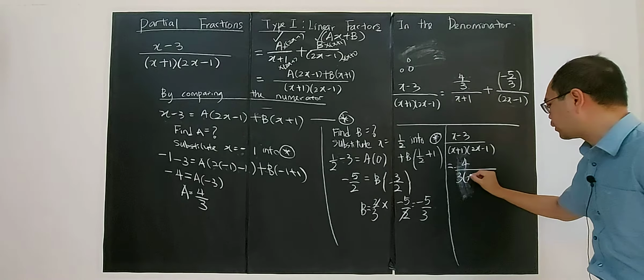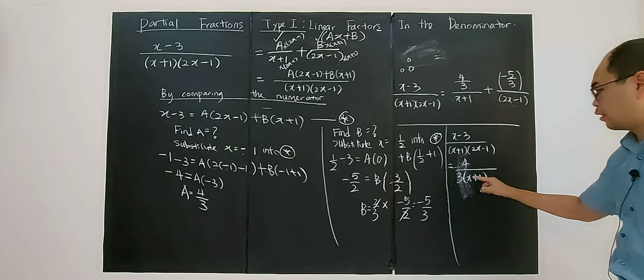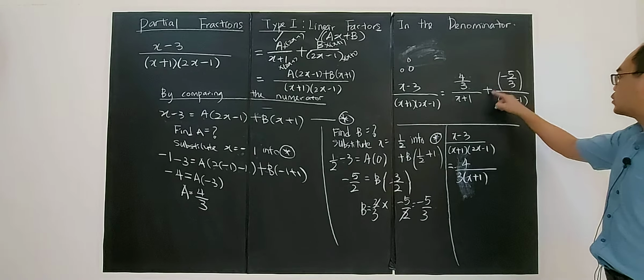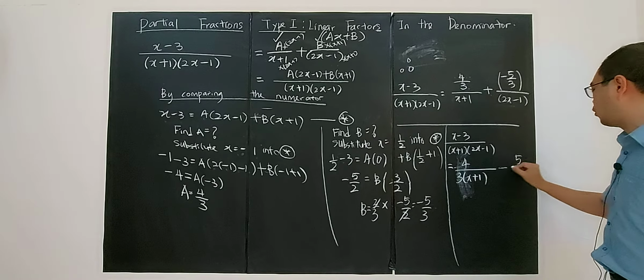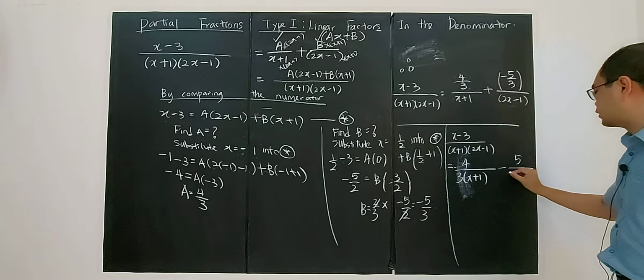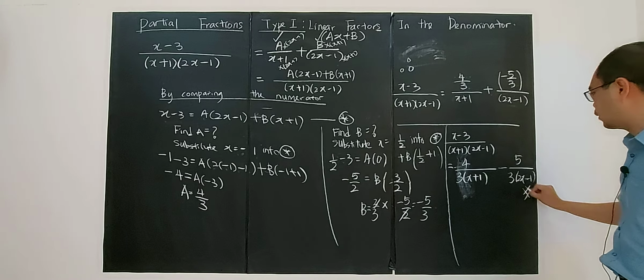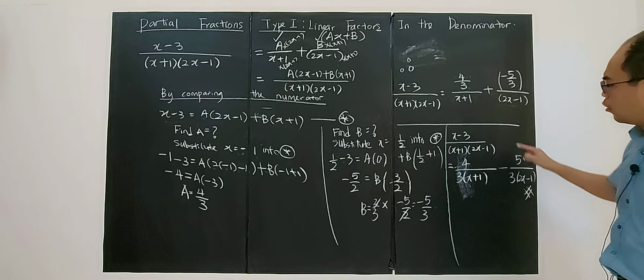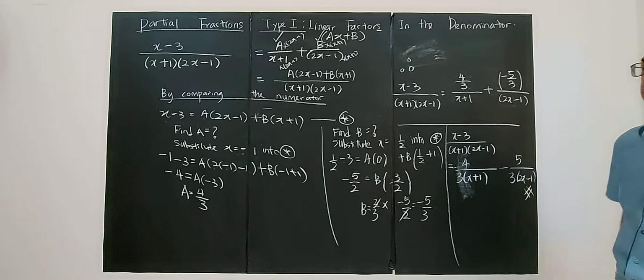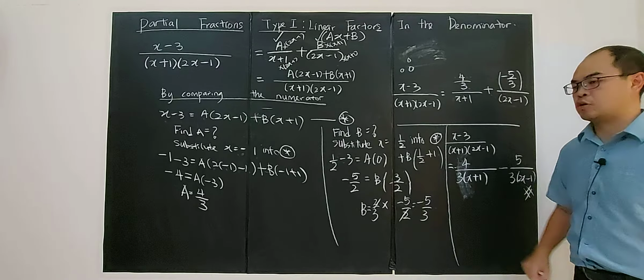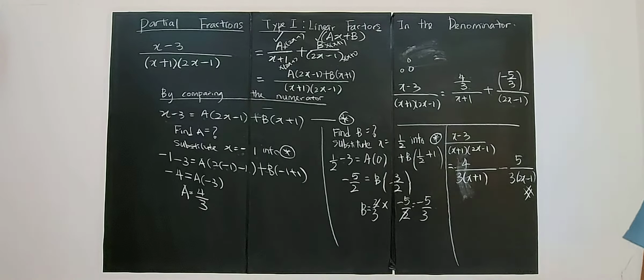Remember to put brackets because the 3 belongs to x and 1. And the negative, you have negative 5 over 3, with the denominator 2x minus 1. So this will be the partial fraction for this rational function here. I will give you another example in the same video.